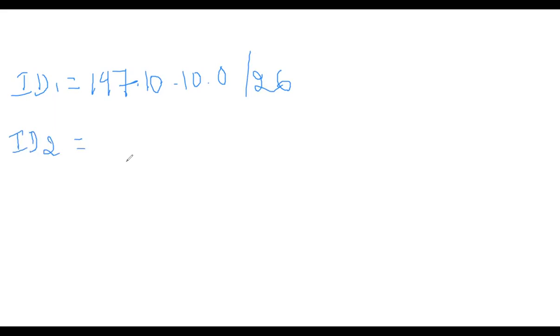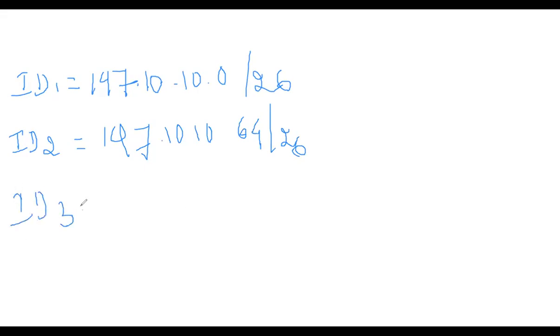Just add the 64 over here. 197.10.10.64/26. Got it? That is the second ID. After that you have to add 64 here.